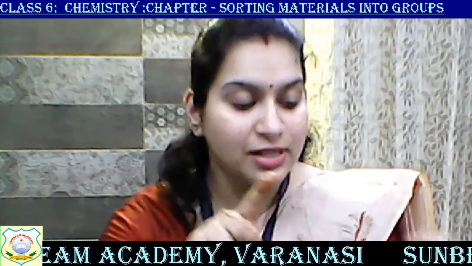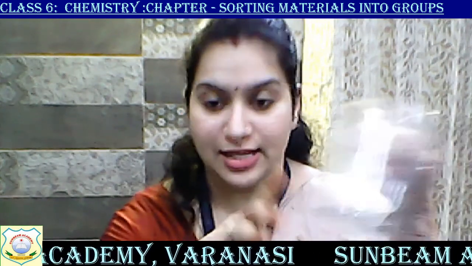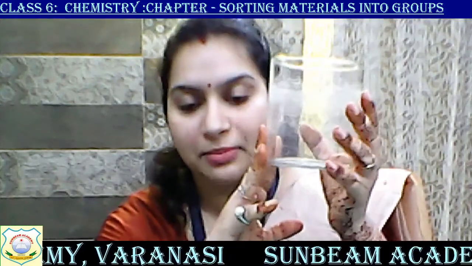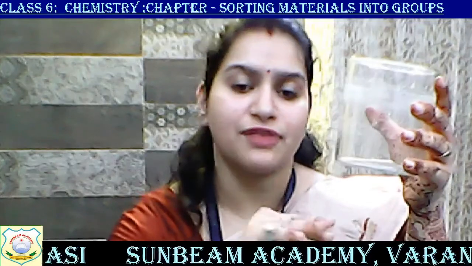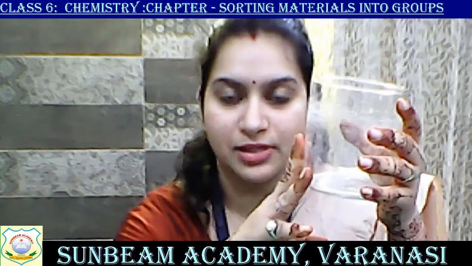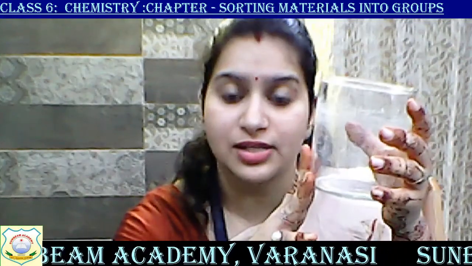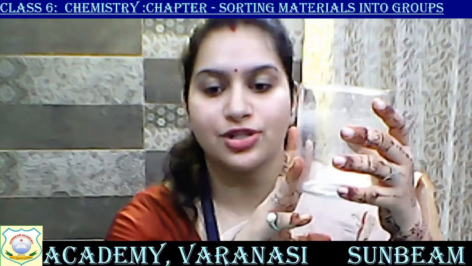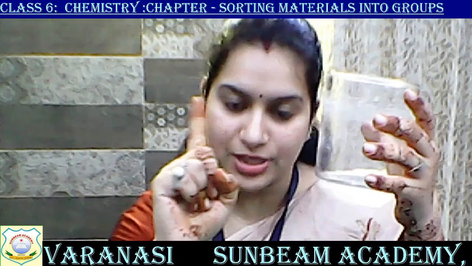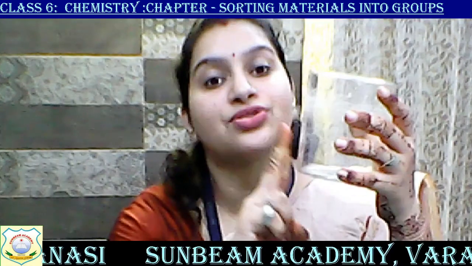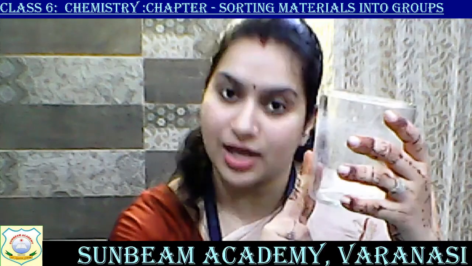Alright. Similarly, if I have this glass, a tumbler, this is a glass tumbler. If I ask you to write 5 lines about this glass tumbler, this also you can write. What can you write? First you will write it is made up of glass. So this is one property. Second you will write it is transparent in nature. This is another property.